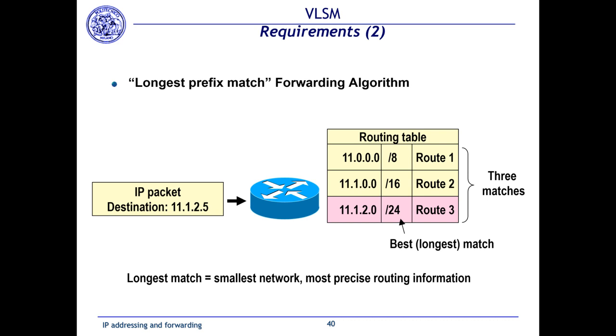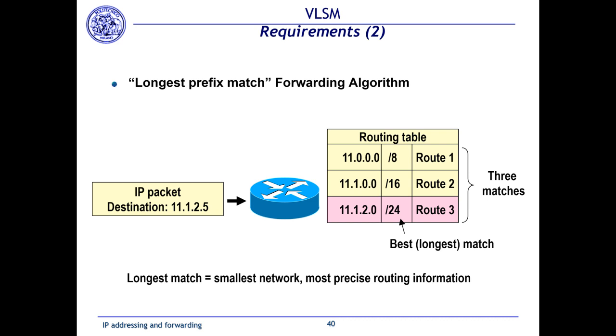Imagine that you have a packet that is destined for a certain destination, for example 11.1.2.5, and a routing table with several entries. Especially if you're using variable length subnetting, it can happen, as we have seen in the previous example, that you have addresses that have a common first part, and then they are different in the other parts.